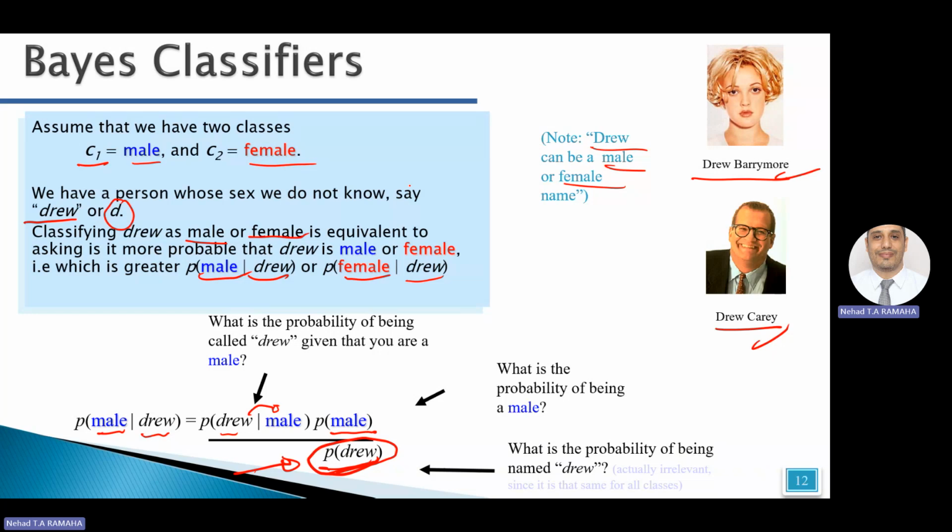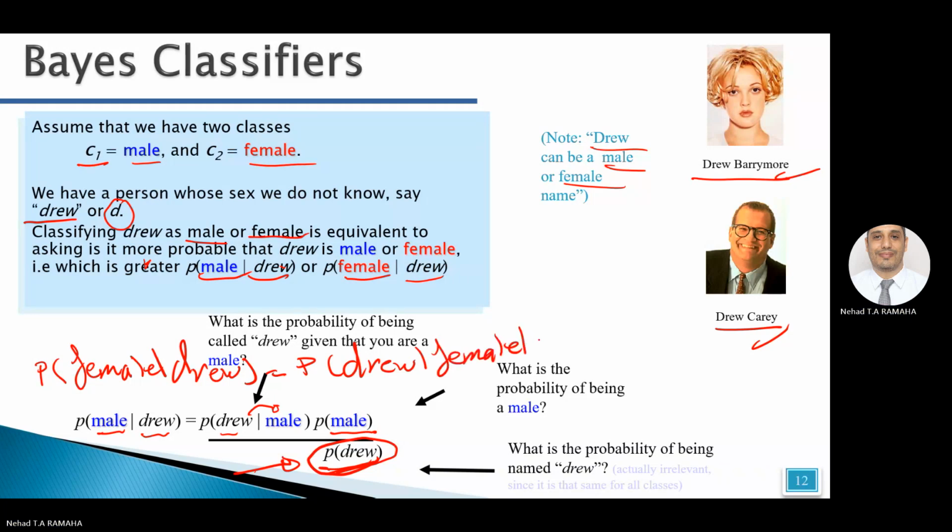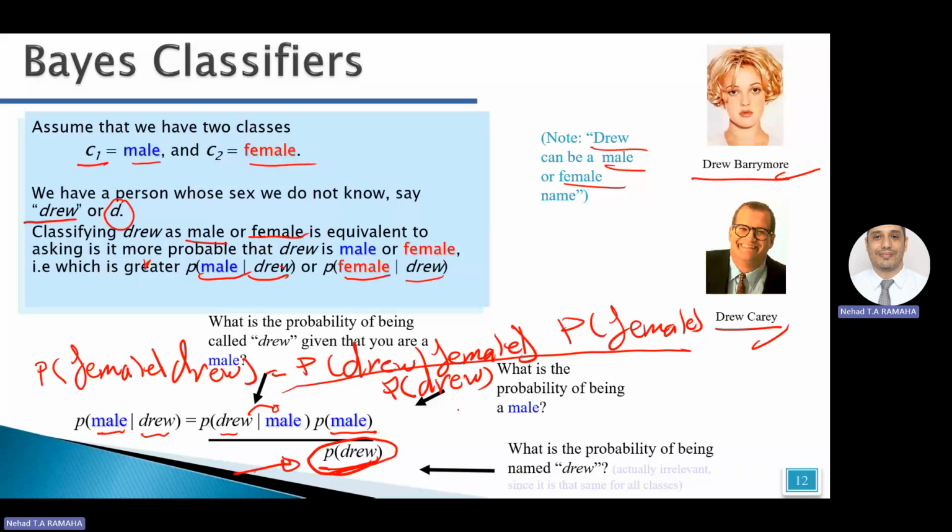Tell me, what's the probability of female given Tru? It equals the probability of Tru given female, multiplied by the probability of female, divided by the probability of Tru. Look here.